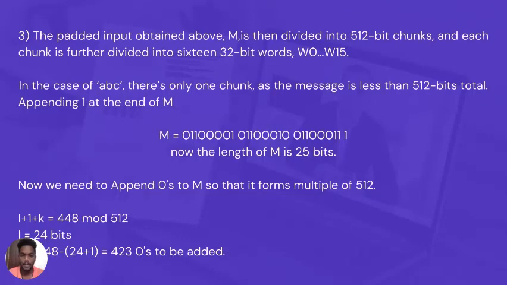So the length L equals 24 bits, and the constant k equals 448 minus 24 minus 1, which is 423 bits. So we will be adding 423 zero bits after the message M.